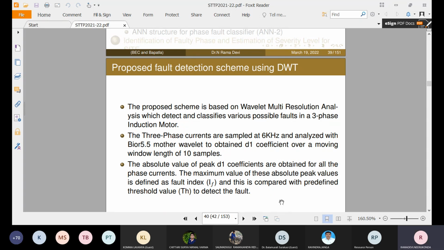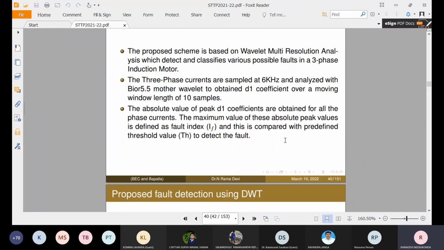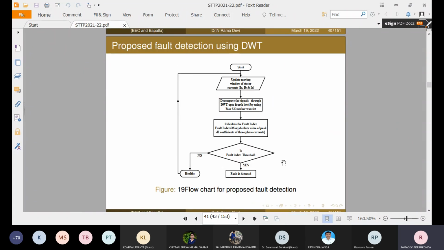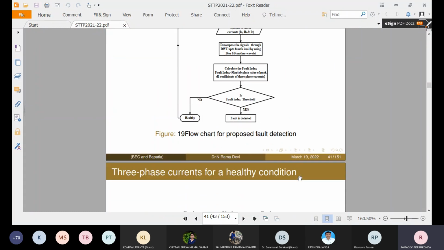This fault index is compared with the predefined threshold values to identify the faults. When we identify the fault, we immediately get the time instant as well, because the wavelet is a multi-resolution analysis. These are the detection algorithm steps we follow to detect the fault.